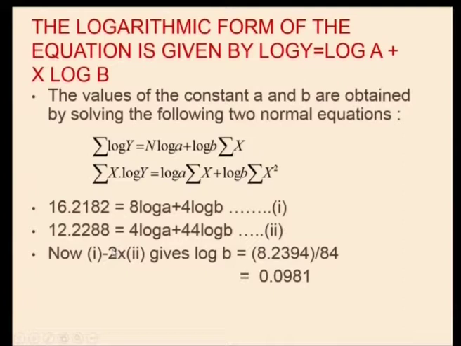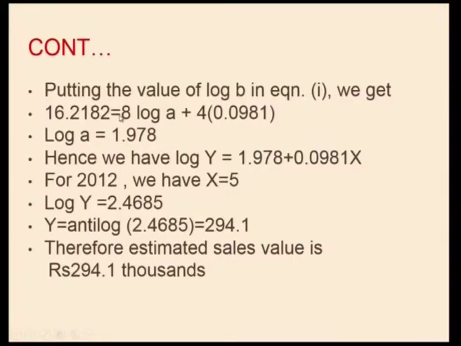Similarly, sigma x log y is 12.2288, equal to 4 log a plus 44 log b, that is the second equation. You take the first one minus 2 times the second equation, it gives log b is equal to 8.2394 divided by 84, that is 0.0981.